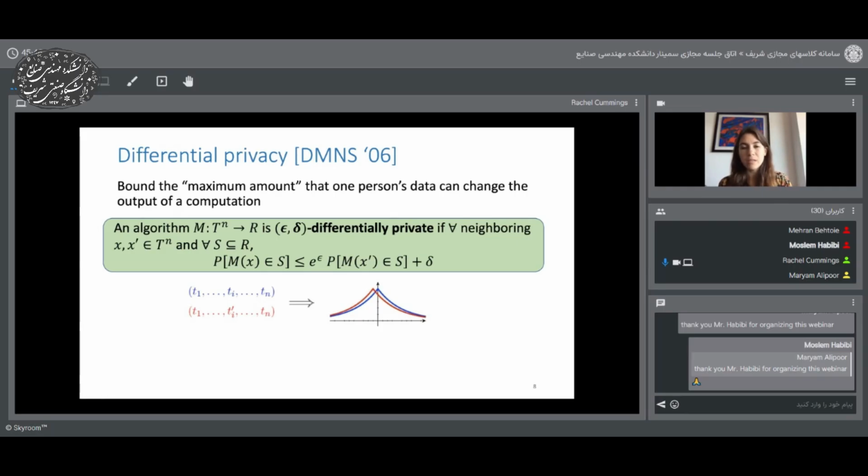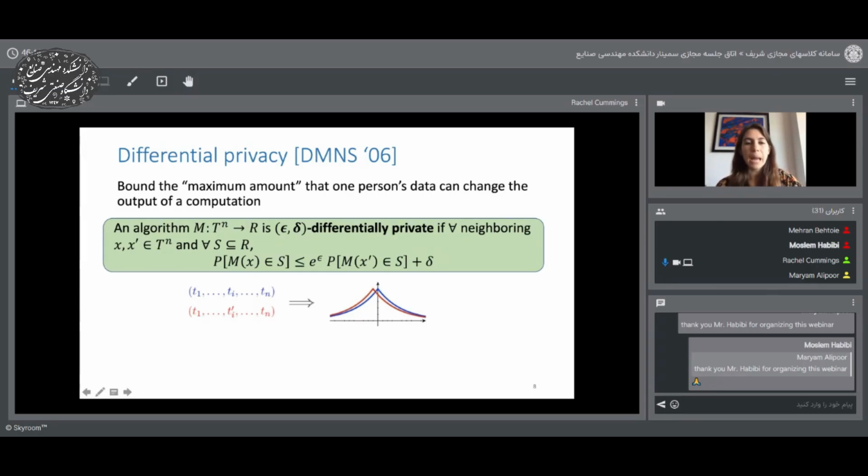And we like our deltas to be very, very small, but think of that as being cryptographically small. But it effectively says if I have something that occurs with probability 0, and then some very, very small probability under a neighboring database, that's okay, and that's going to be taken care of by my delta.